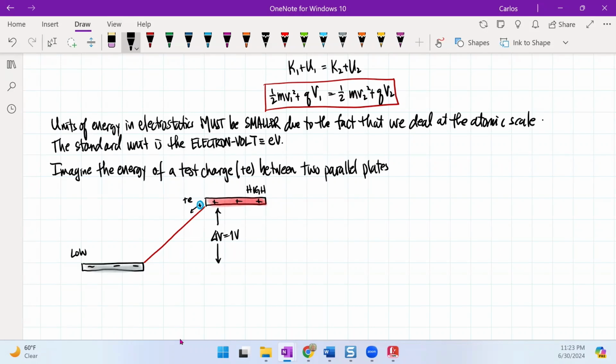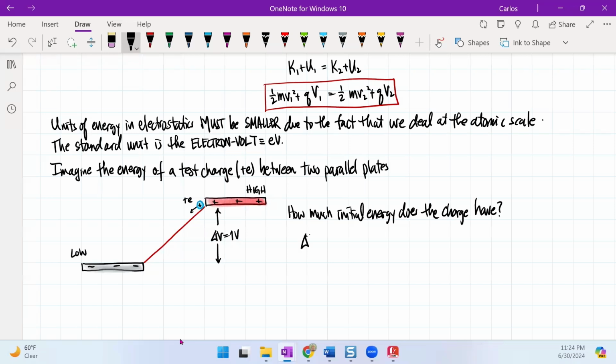So the question is, how much initial energy does this charge have?